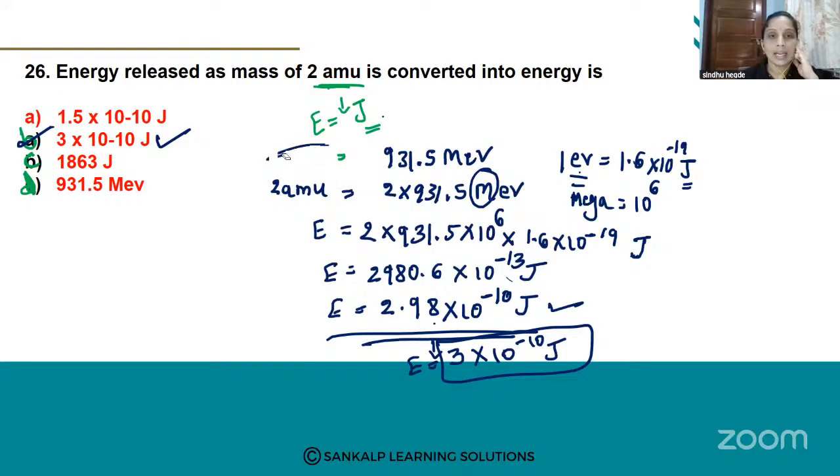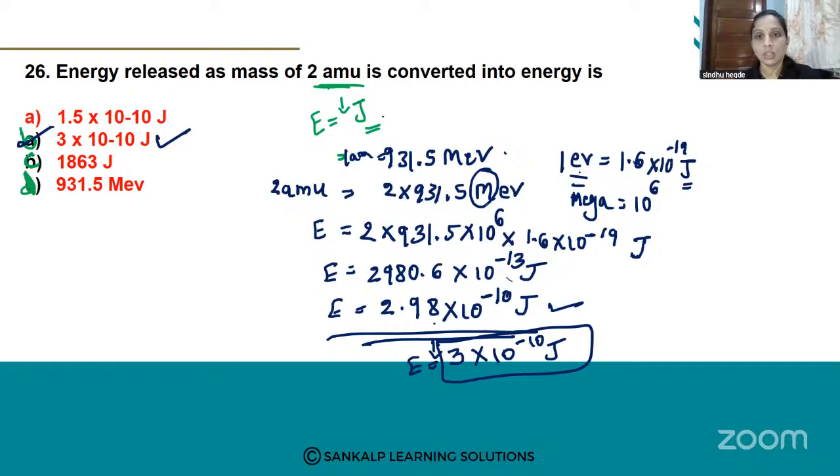931.5 mega electron volt. ಇದು 1 AMU value. Okay, ಹಾಗಾದ್ರೆ ಈಗ 1 AMU value ಗೊತ್ತಾಯ್ತು. Then 2 AMU is nothing but 2 into 931.5. ಇಷ್ಟು ಮಾಡಿದ್ರೆ ಸಾಕಾ? No. Still the unit is in mega electron volt. You have to convert it into joules.